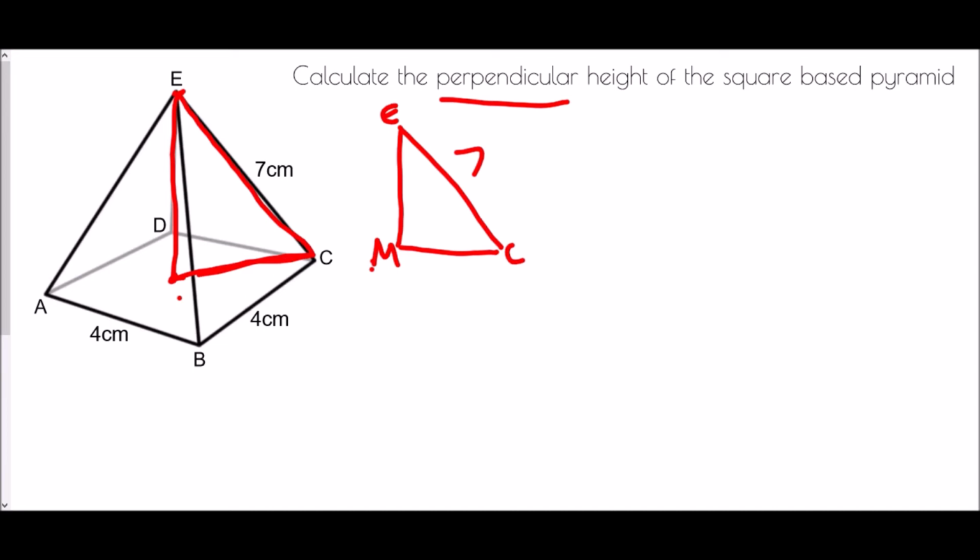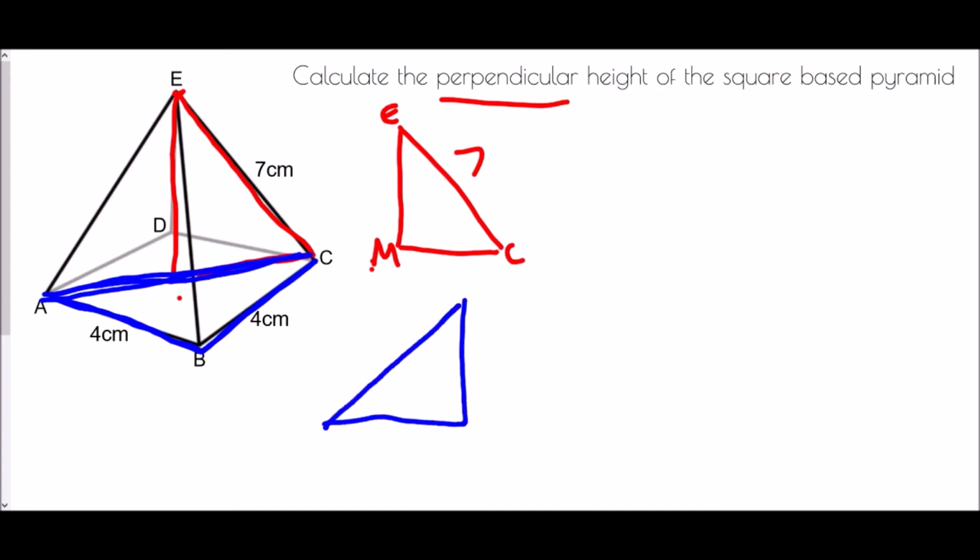And how can we find MC? Well, MC is part of another right-angled triangle. This is a square-based pyramid. And so, if we think about this bottom piece, then this must be a right angle, 4 centimetres and 4 centimetres.